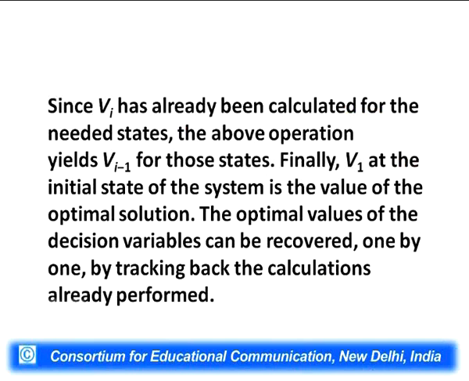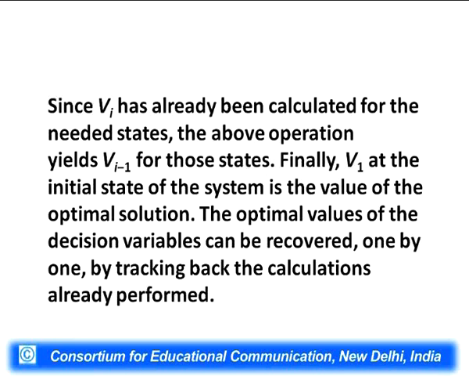Now, since Vi has already been calculated for the needed states, the above operation yields the value at i minus 1. So, at state i minus 1, we are going a step backward for those states. Finally, V1 is the initial state.